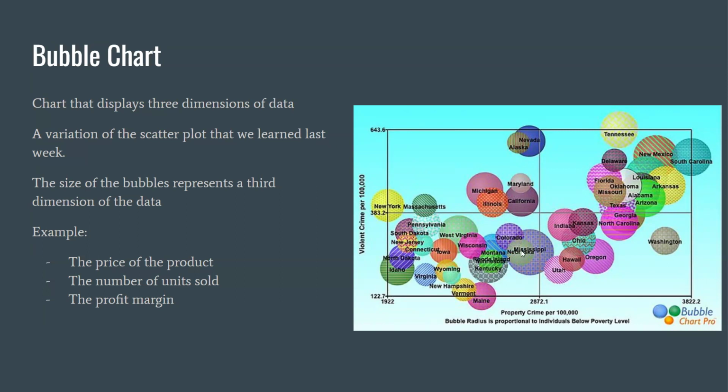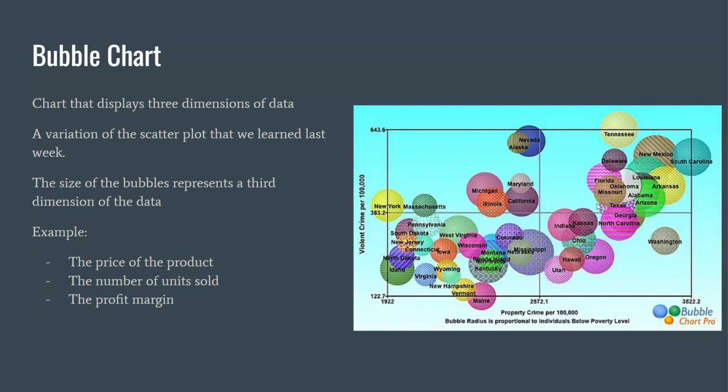Each bubble's position on the chart corresponds to its entity's values along the 2 axes. The size of each bubble represents the 3rd dimension of data, often a quantitative value, which means the larger the bubble, the greater the value it represents.